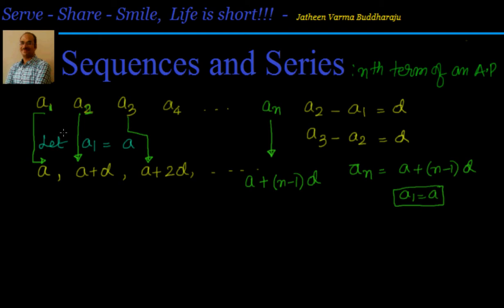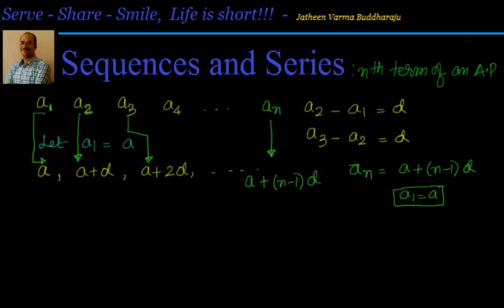Let me just repeat that. You know that the series is an arithmetic series when the difference between terms is constant. So if a1, a2, a3, a4 are the terms, then a2 minus a1 equals d, a3 minus a2 equals d. Let us start with a1 equal to a. Then a2 becomes a1 plus d, that is a plus d. Similarly, a3 becomes a plus 2d.